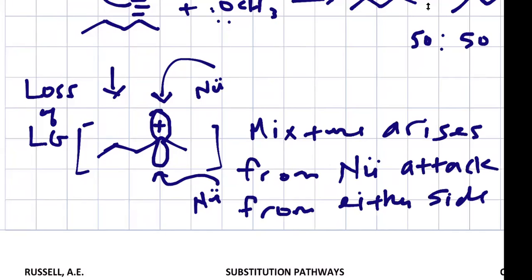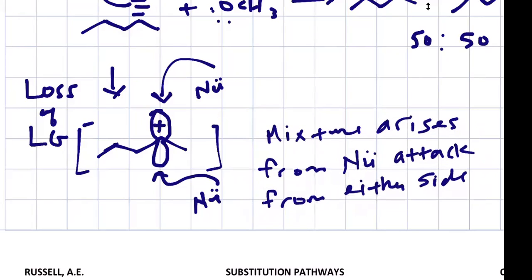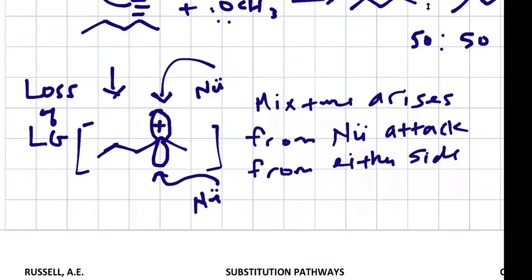I don't want that to get cut off when I post this. All right, so either side of that p orbital is open for the nucleophile to attack.